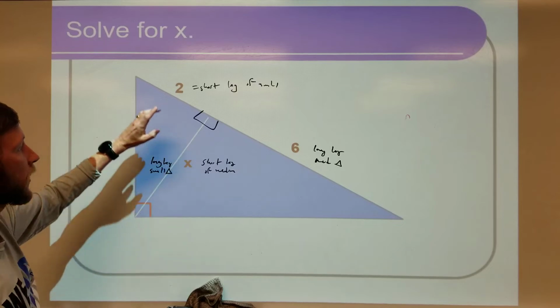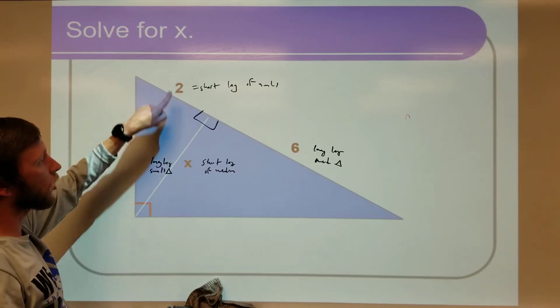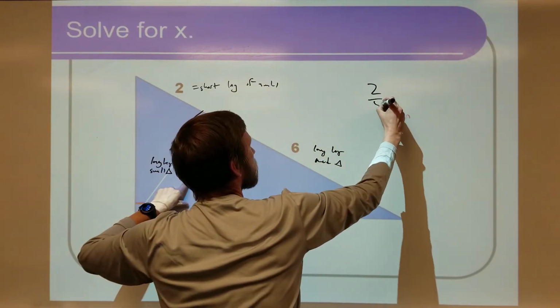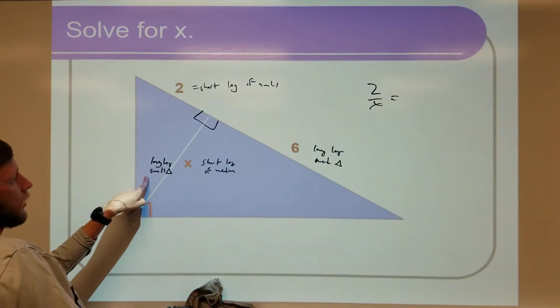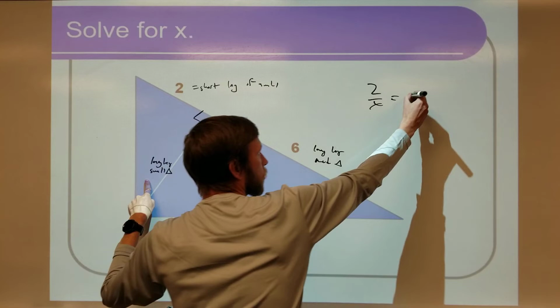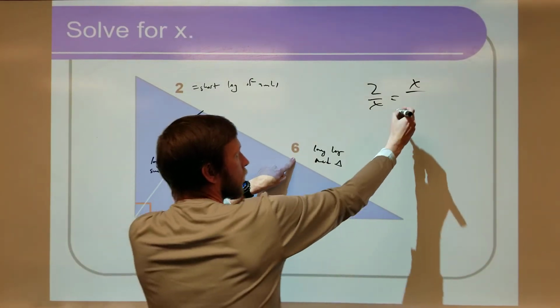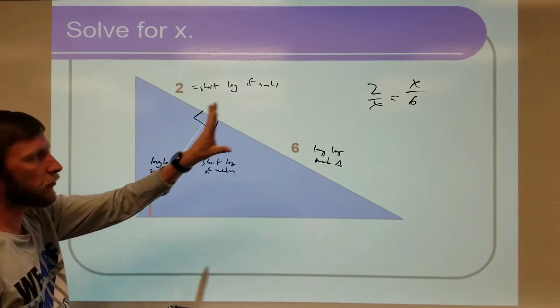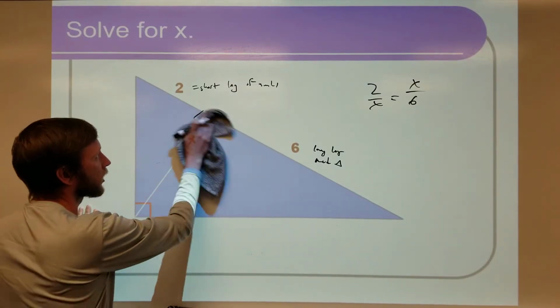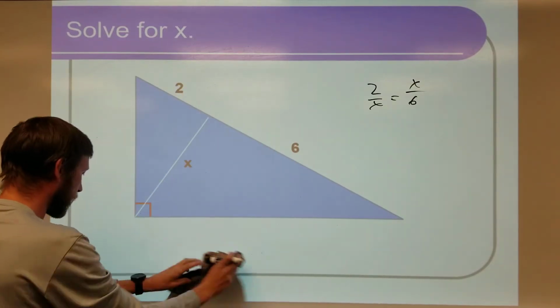So what we find out is if I compare the short leg of the small to the short leg of the medium, then I will get the length of the long leg of the small triangle compared to the long leg of the medium triangle. All right, so that is our proportion. Before we try to solve that, let's visualize what happens when we do a little bit of rotation here.